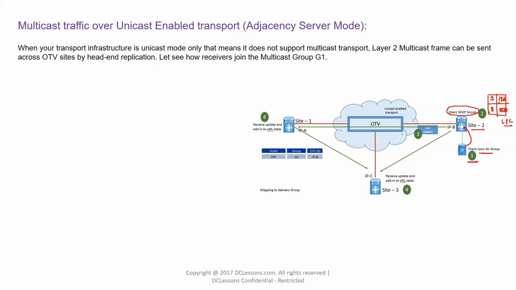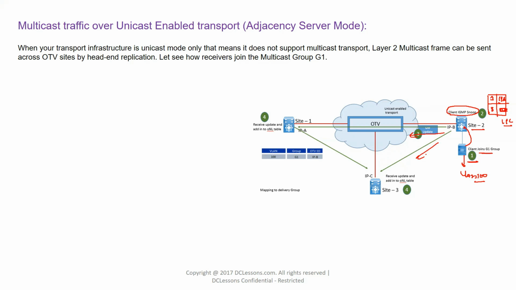The OTV edge device at site 2 snoops the IGMP report and confirms that there is an active receiver for group G1 on VLAN 100. Let's suppose client 1 is on VLAN 100. This information is sent to all remote OTV edge sites via a GM update, using the unicast neighbor list which site 2 has.